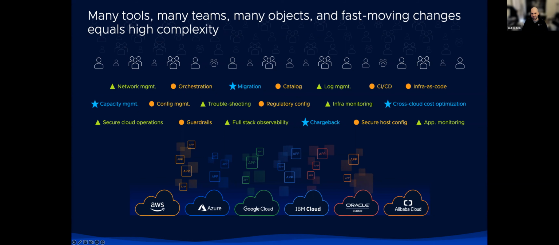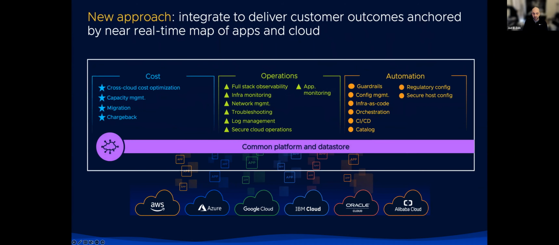We don't have to go through it. And this is just a fraction of what we're talking about. So to get to where we wanted to be in Aria, we had to reassess how our portfolio delivers these capabilities. And for those of you who are vRealize customers, you've probably felt this.